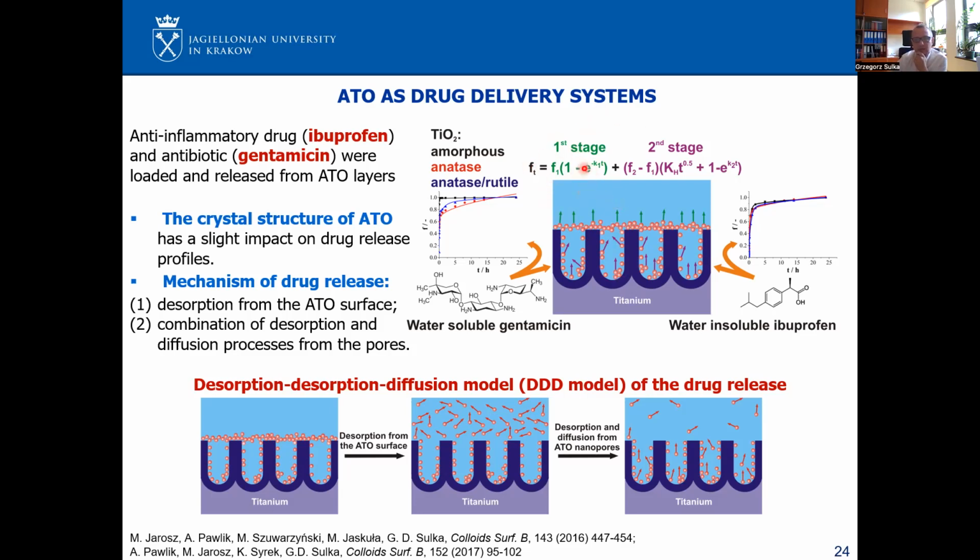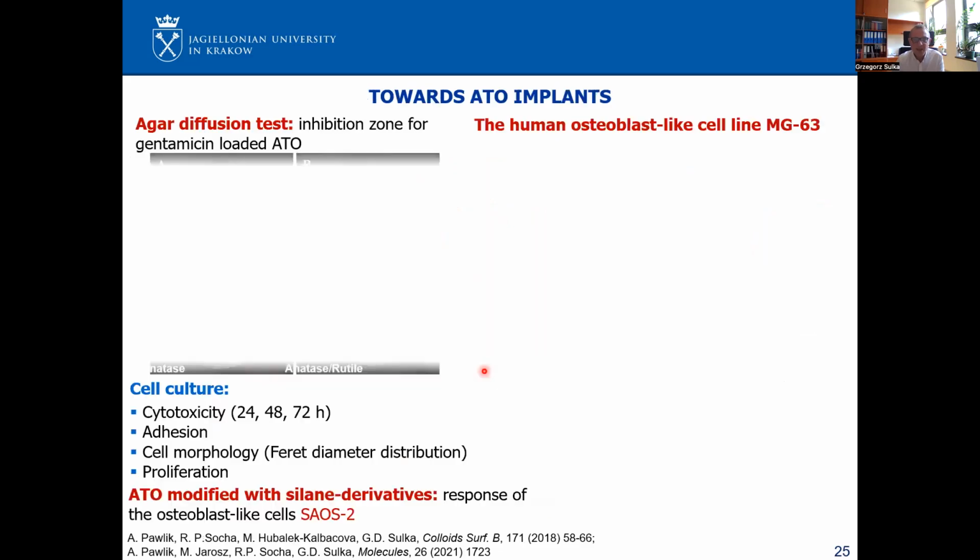First stage was desorption from the surface of the oxide layer, and the second one is a combination of desorption and diffusion from the pores. And we proposed a model called the DDD model, desorption-diffusion model, for the drug. We also calculated that kinetics for different structures of titanium oxide, like amorphous, anatase, or mixed anatase-rutile phases of that oxide.